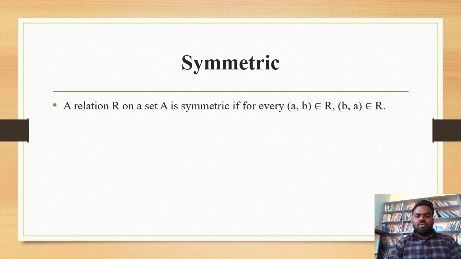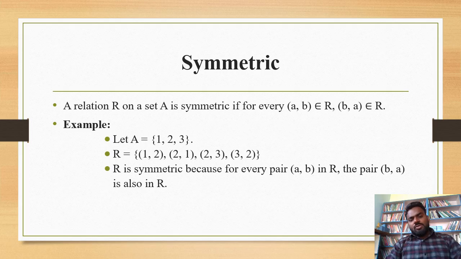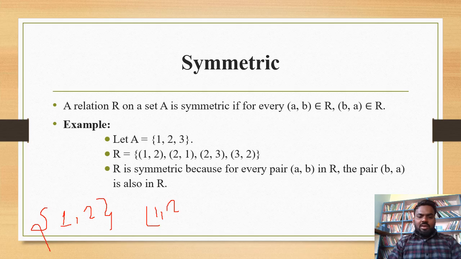That is your symmetric relation. Before going to the definition, let's start with examples. For example, let's say (1, 2). If (1, 2) is contained in a relation, and the other ordered pair (2, 1) is also present in the same relation, then we can say that it is a symmetric relation.